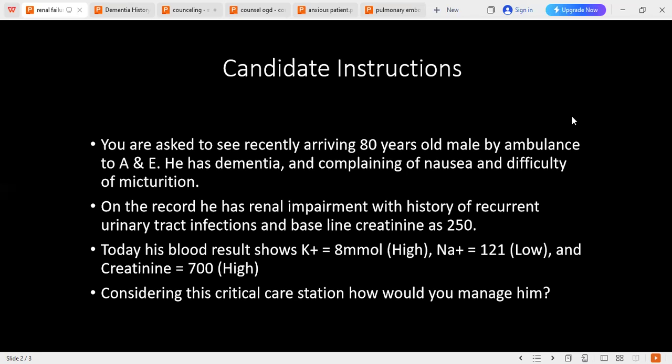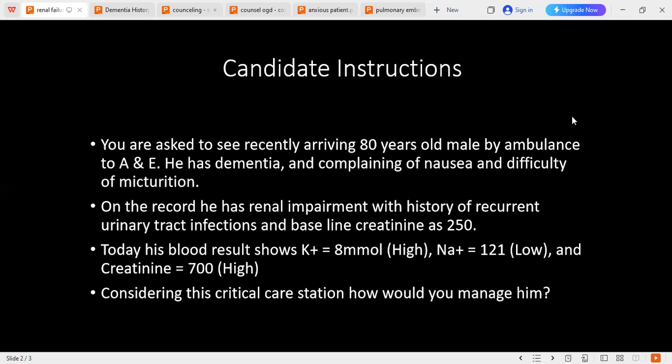Then, since the patient's potassium is very high, I'll do the management of hyperkalemia. I'll give 10 ml of 10% calcium gluconate over 10 minutes. Then I will give insulin with 50% glucose.